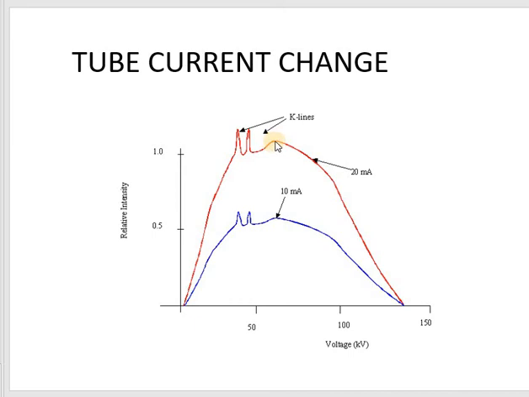But as you can tell, because the kV is the same, and let's say these are both using three-phase power supply, it is not affected, and the optimum energy, or the effective energy, is the same for both. The only thing that differs is the intensity. So intensity is closely related to the set tube current.